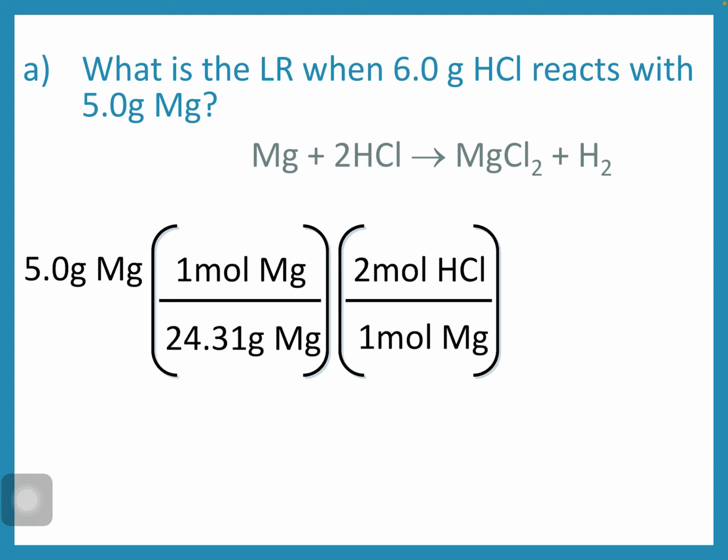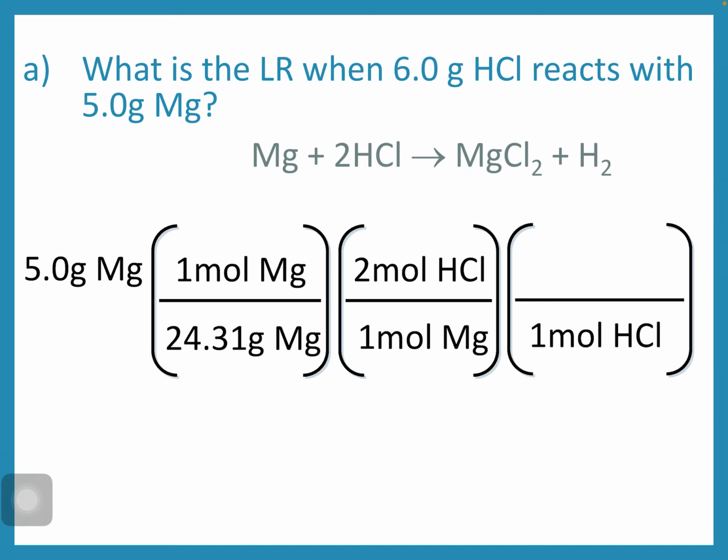Then I need my molar mass of hydrochloric acid, so 1 atom of hydrogen and 1 atom of chlorine. So for 1 mole, hydrochloric acid has a mass of 36.46 grams. So my moles of hydrochloric acid cancel here, moles of magnesium, grams of magnesium. So I'm left in grams of hydrochloric acid.